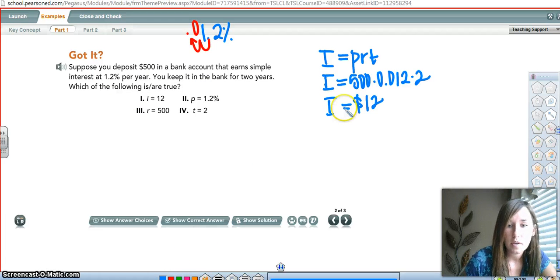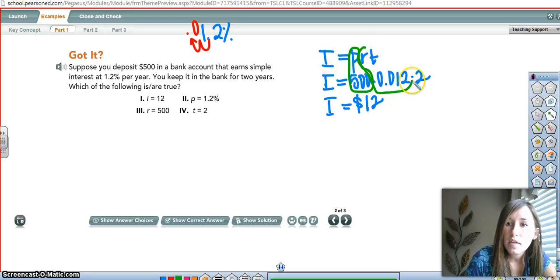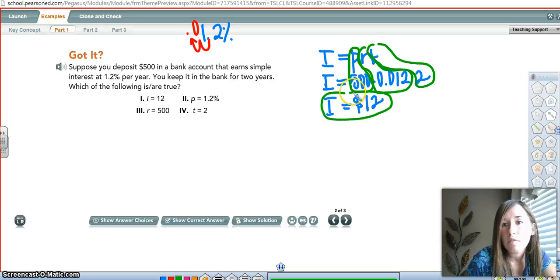Okay, so P was 500, R was 1.2%, T was 2 years, and I was $12. I is 12, R is not 500, P is not 1.2%, but T equals 2.